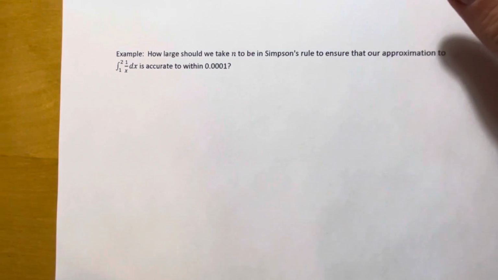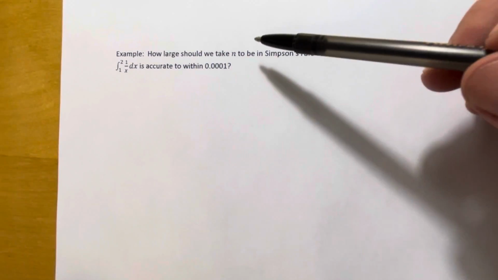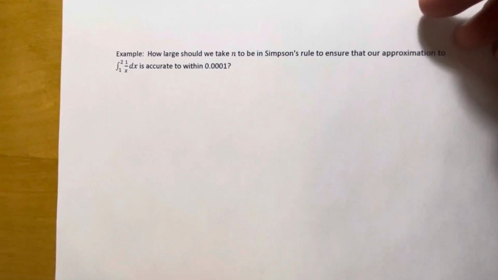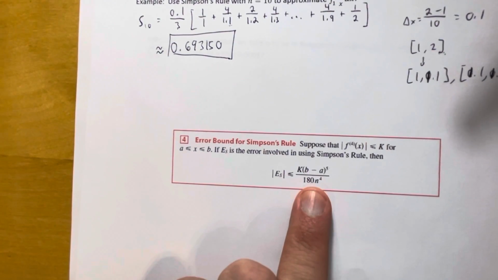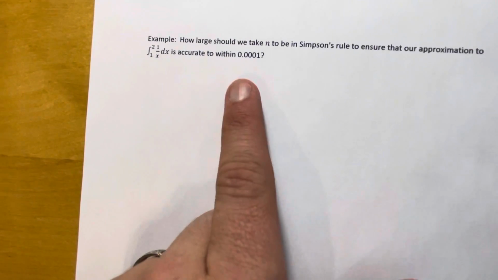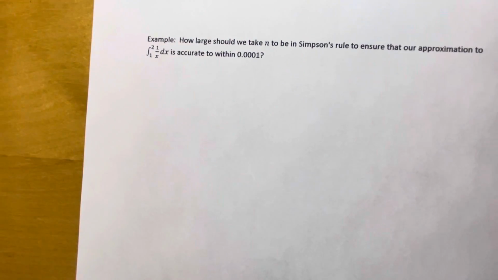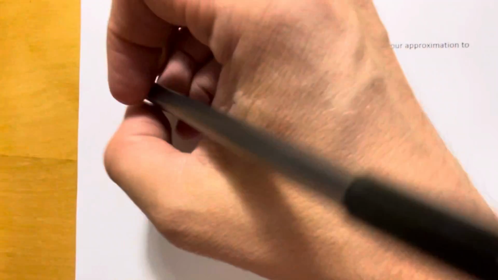Same idea as before, but we want to see what the size of n has to be when we use Simpson's rule. So again, we're using this error bound right here. I want to keep this quantity less than or equal to 0.0001.